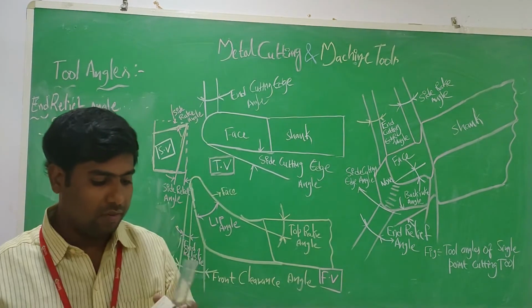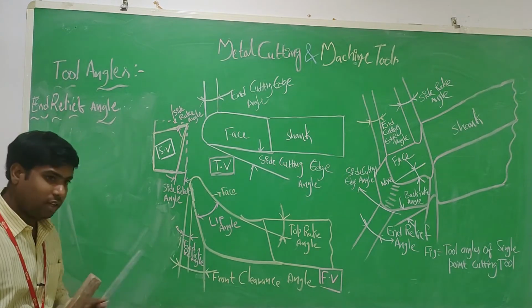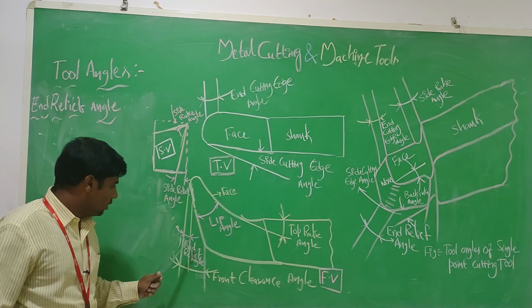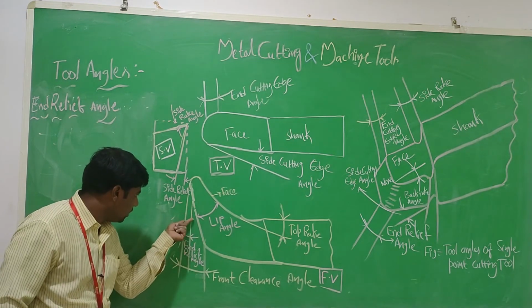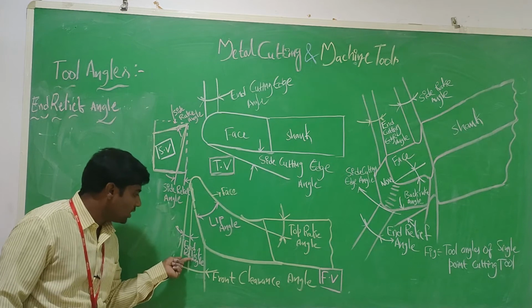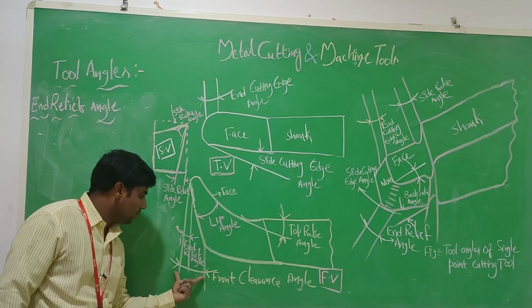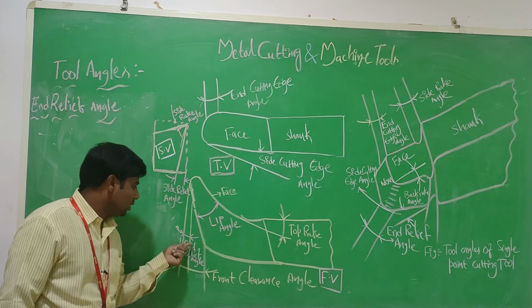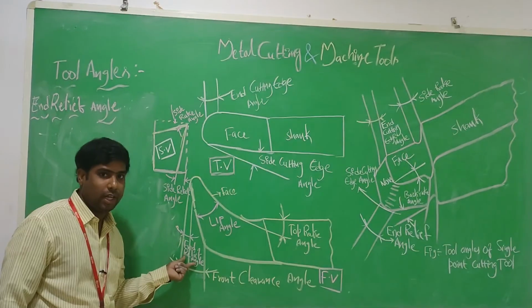You are observing the end relief angle in the figure. These two lines show the relief angle. This is called the end relief angle. This is the front clearance angle. There is a small gap between them, and that is called the relief angle.